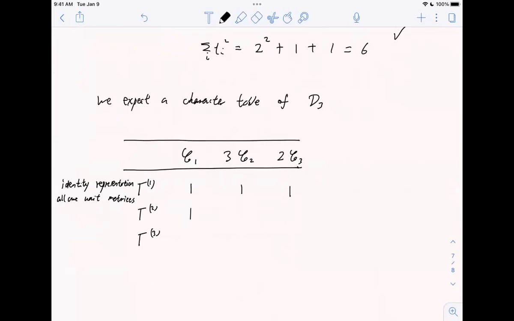For this one it is a 2 by 2 matrix, so for the identity element, it is 2. Okay. So just from the orthogonality theorem, we can already write down the first row and the first column of the character table. So what is left are 2 more.